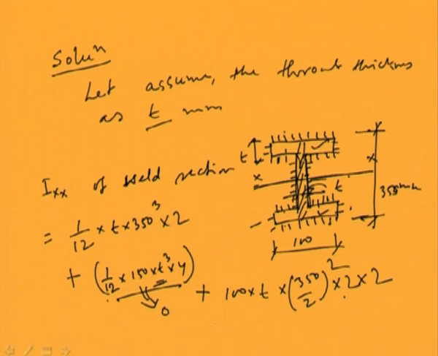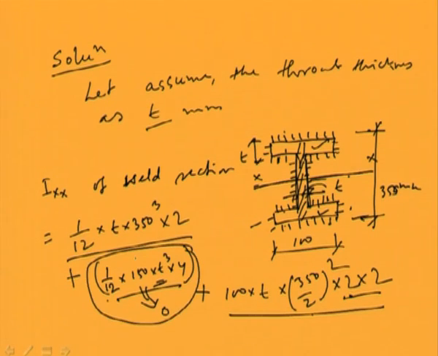So Ixx will become this plus this, that means 1 by 12 into T into 350 cube into 2 because of 2 faces, this is for the web. For the flange the area is 100 into T, and R square means 350 by 2 whole square, into 2 into 2 because 2 faces and 2 flanges. So, 4. Remember, we have neglected this portion.